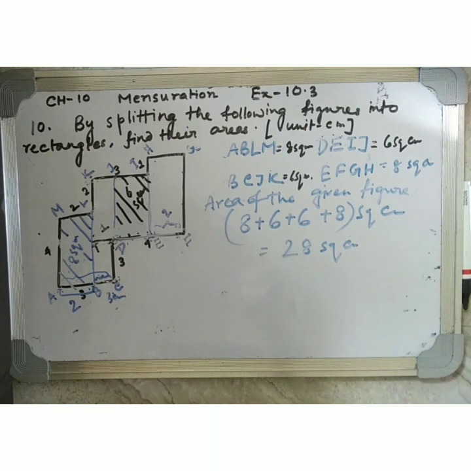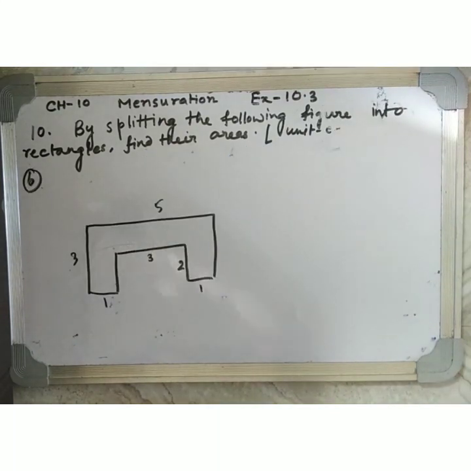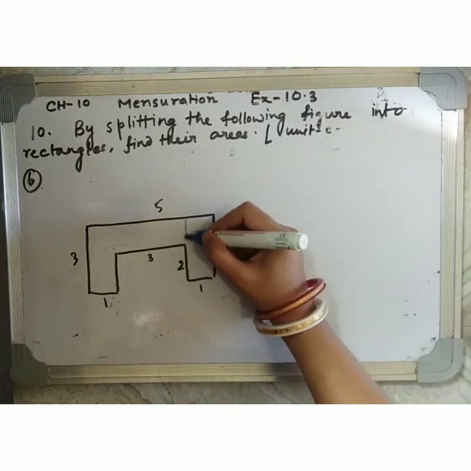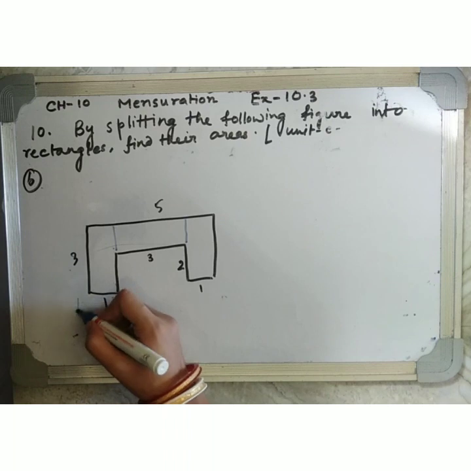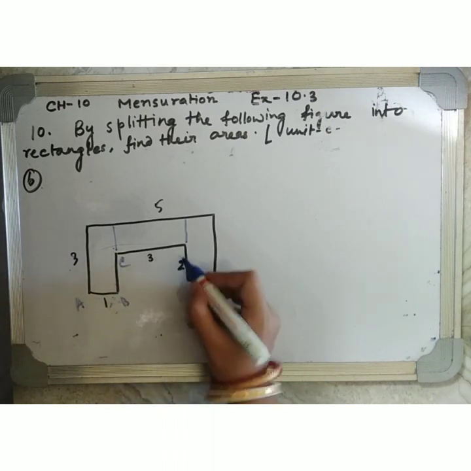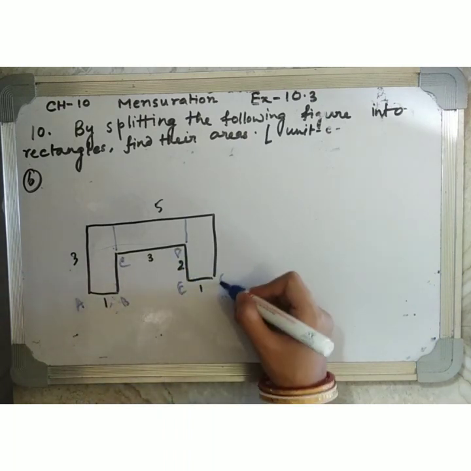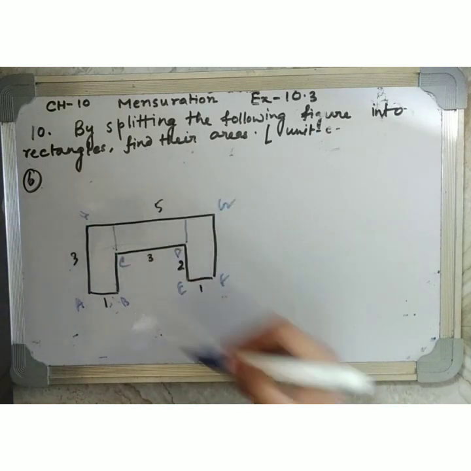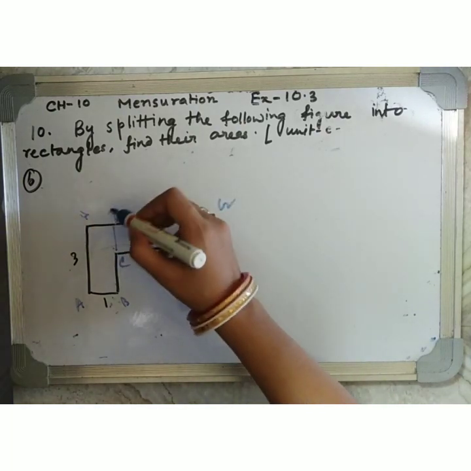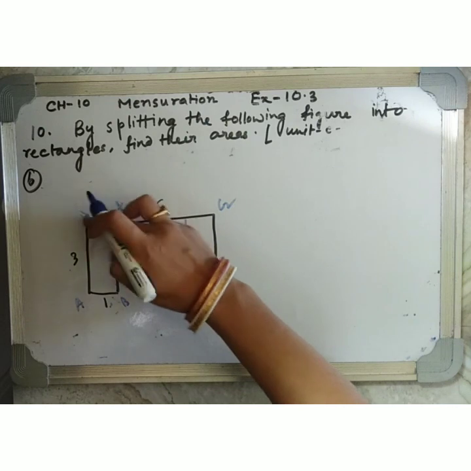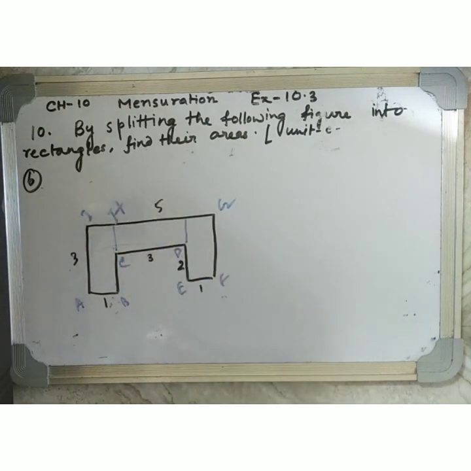Now let's come to the next sum. Now this is a comparatively easy sum. How to do this? We have to break this figure into rectangles also. Again, let's give it names: C, D, E, F, G, H. Suppose I am giving it H and I am giving it I. Now what to do?